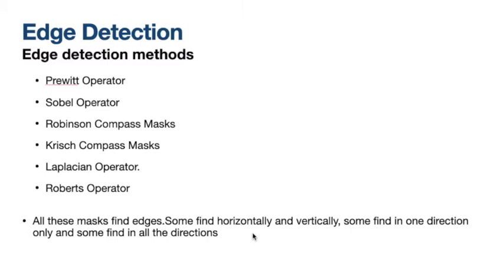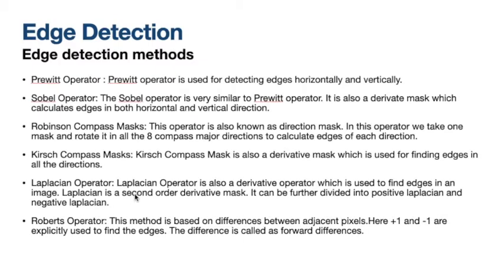Some find horizontal edges, some find horizontal and vertical edges, some find in one direction only, and some find in all directions. We are going to see only three of these in detail: Prewitt operator, Sobel operator and Roberts operator. We'll just see what all these operators or masks are.